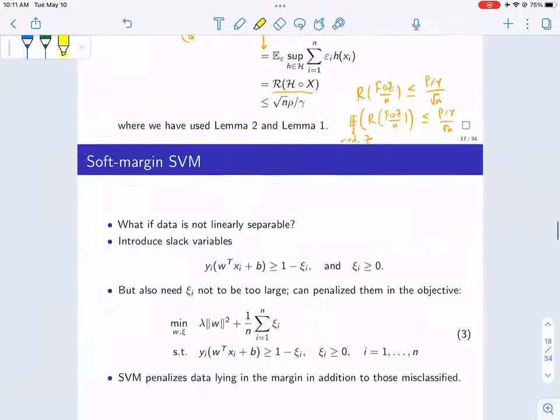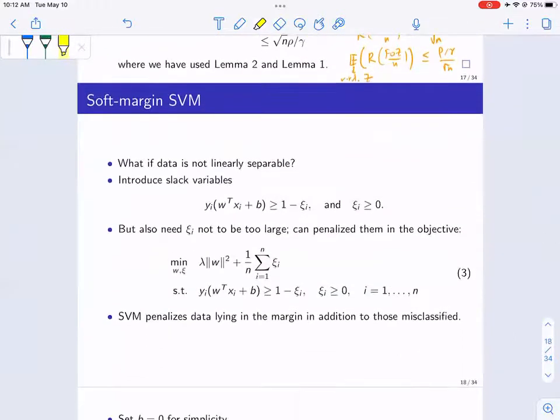So one thing that we can discuss at this point is what happens if things are not separable, right? Which is a very natural state of affairs. As we mentioned, you have a feature map, you map your data into a higher dimensional space. It's reasonable in the high dimensional space to assume things are separable.